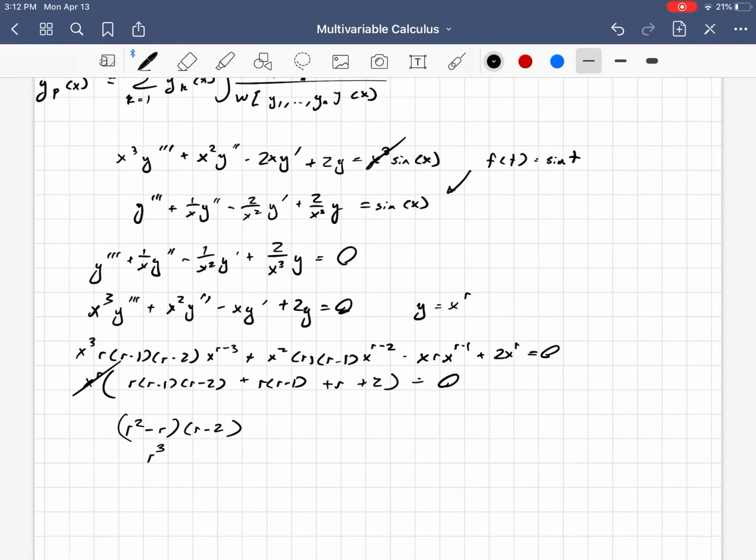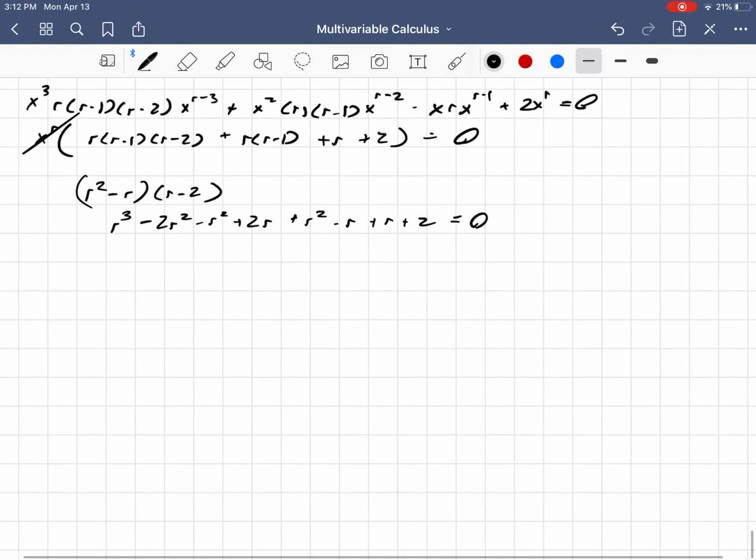I'm going to just ignore that x to the r because I don't really care about it. So r squared minus r times r minus 2. That's giving us r cubed minus 2r squared minus r squared plus 2r plus r squared minus r plus 2 equals 0.